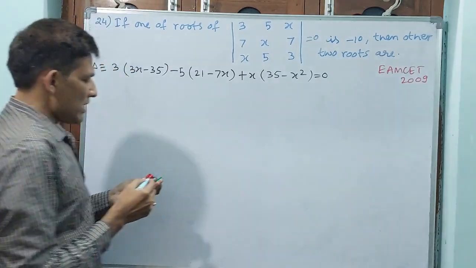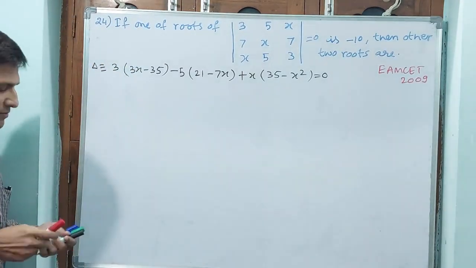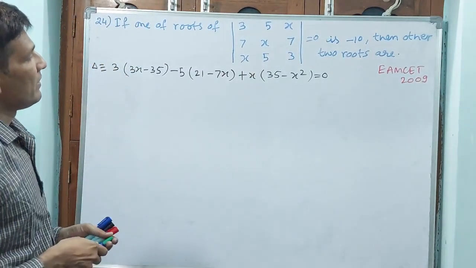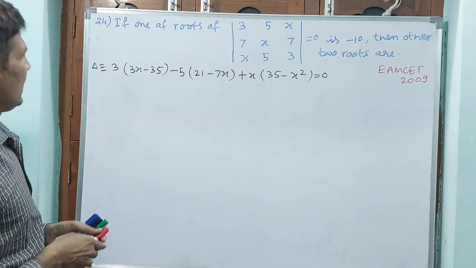Why? Because you have to make it equal to 0, then only it is going to become an equation. Okay, let us proceed further.